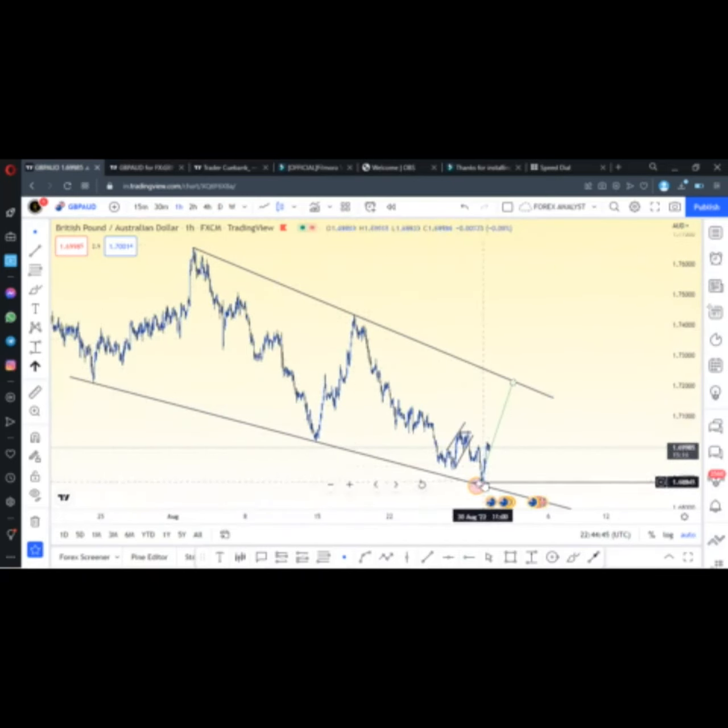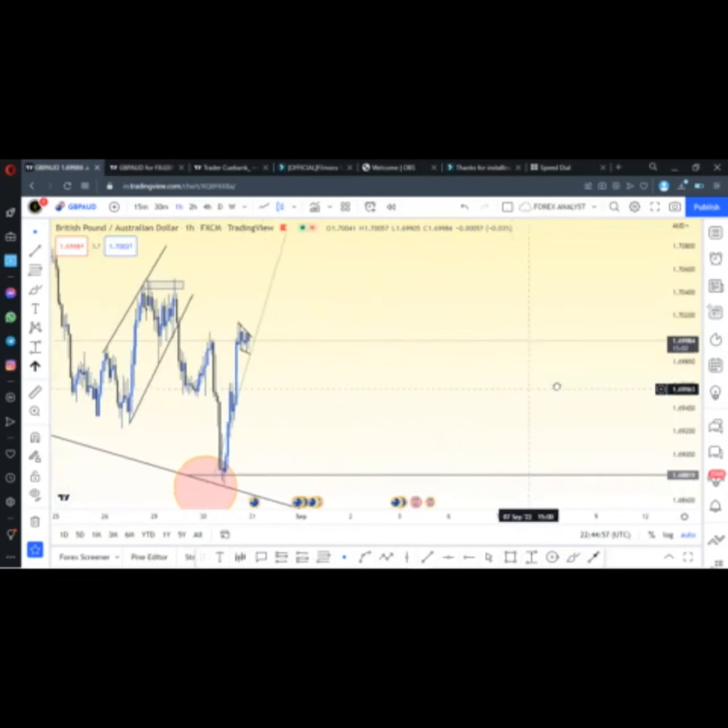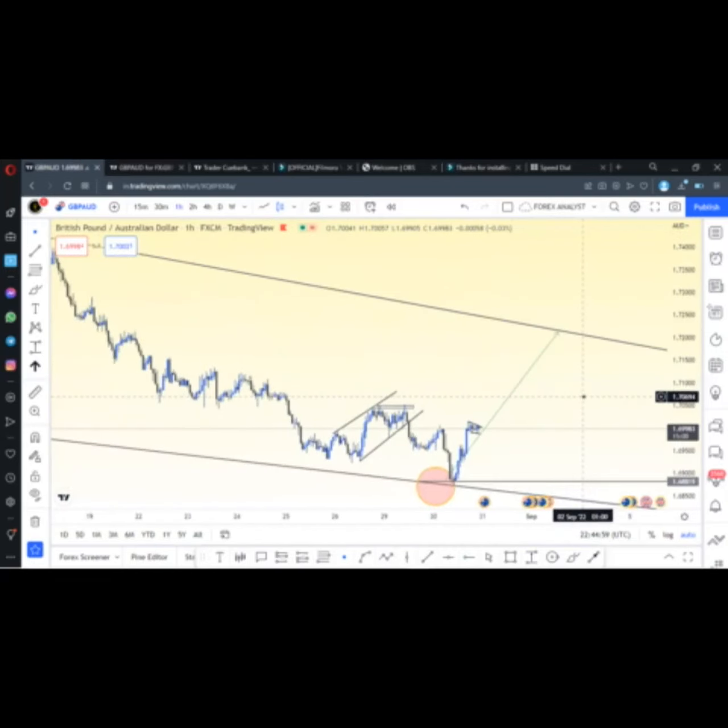Now we're on the fourth touch, right? Now we're going on the fifth. Might come back to this resistance before going further up, right? But for now, I'm literally bullish on the GBP AUD. I'll be looking for buy signals only, right? Did the same thing.